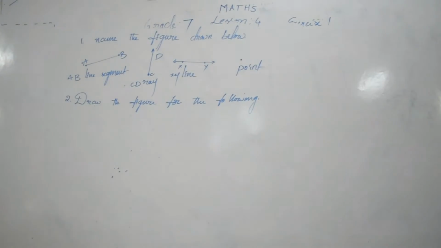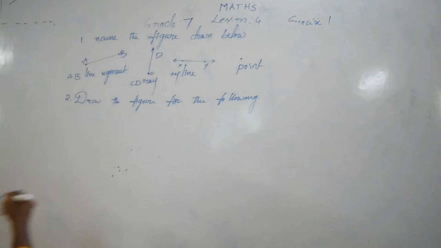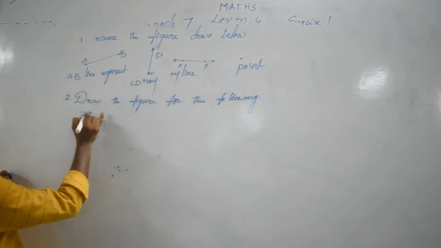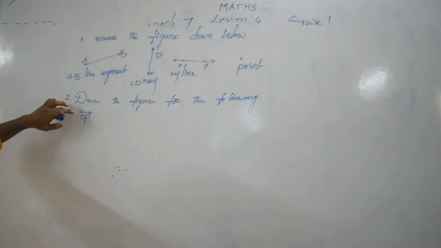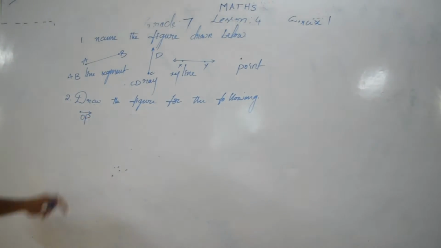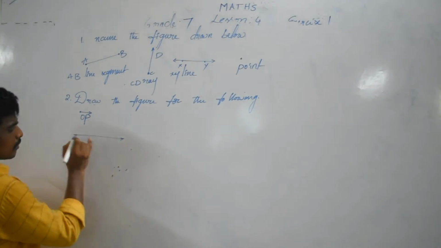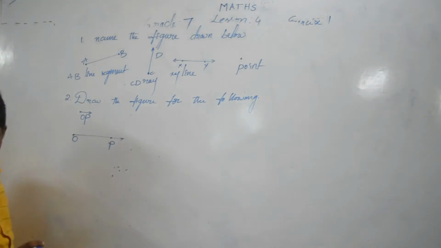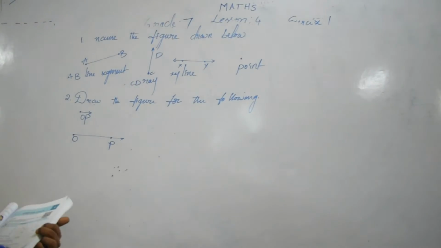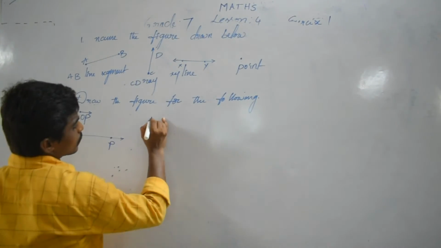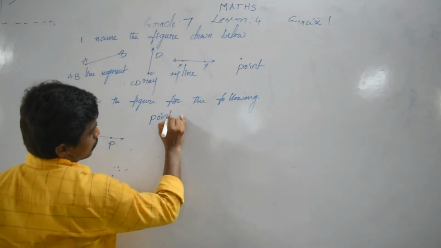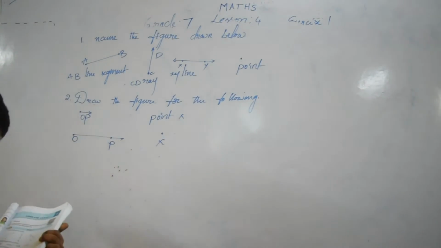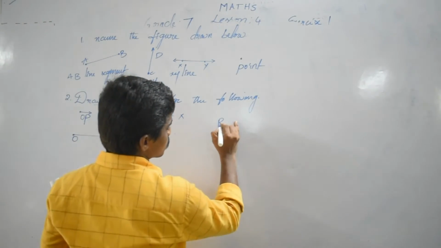Here OP. See, what is the symbol? Ray symbol. So OP ray. Next one, point X. So point X is a point.